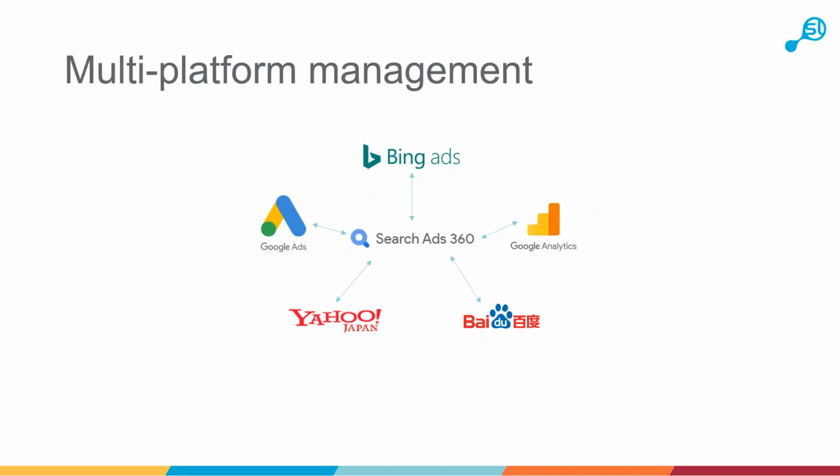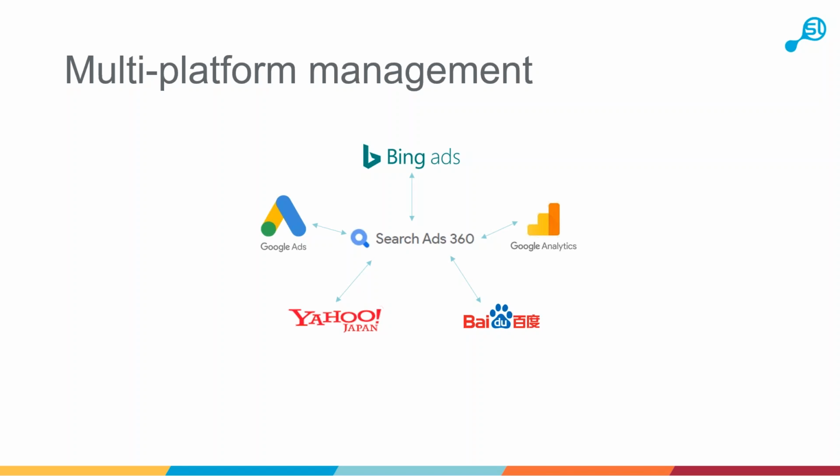So multi-platform management, one of my favorite aspects of Search Ads 360. Search Ads is really great because you can manage and report all from a single place. So that means no platforms get forgotten about. You can apply a Search Ads bid strategy to all ad accounts that can benefit from a more advanced feature in a bid strategy or smart bidding, even if it isn't available in the engine directly.